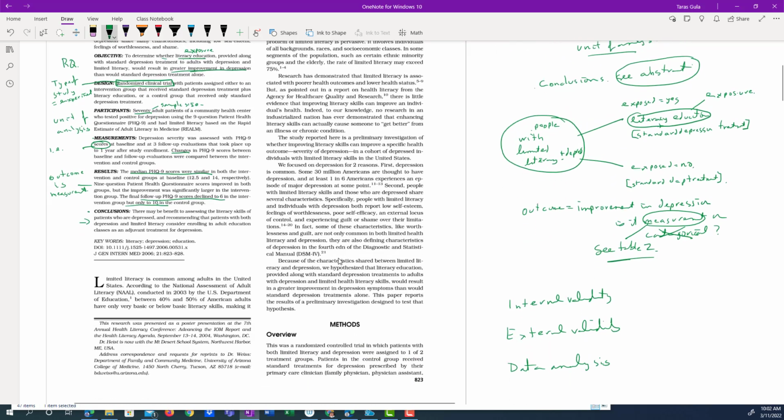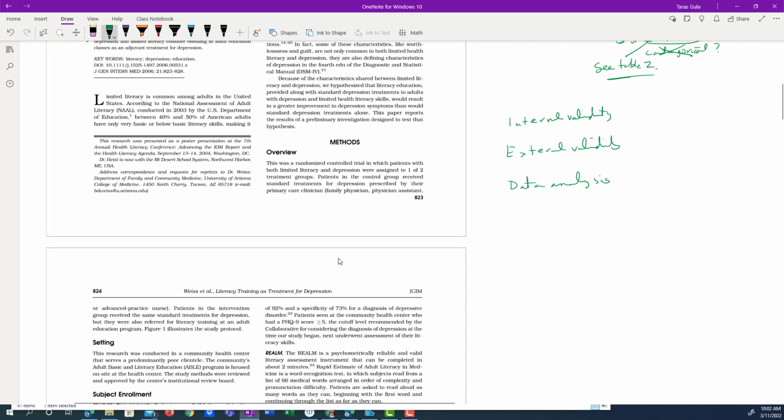For external validity, what you're looking for is sampling, generalizability, selection bias. And for internal validity, you're looking for measurement error, confounding, and other biases.